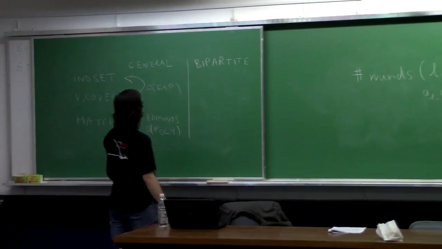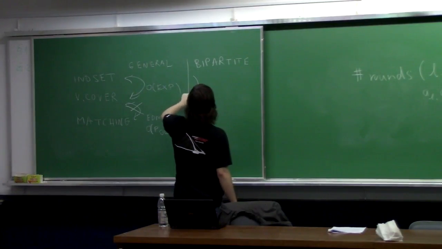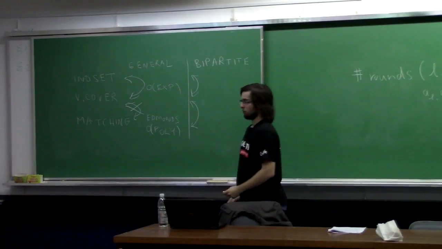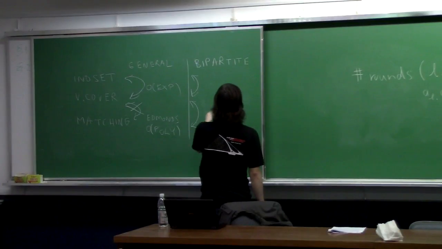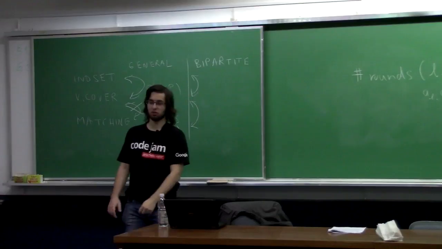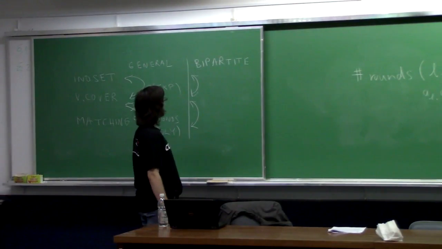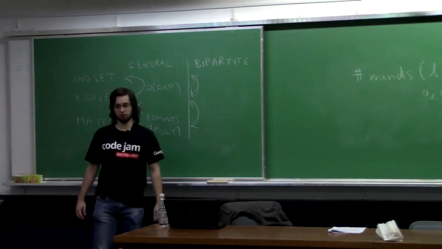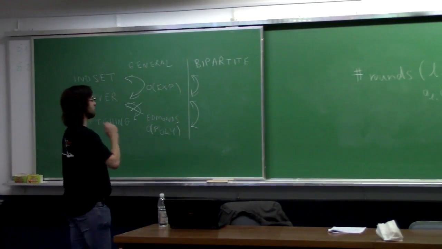And then we have bipartite graphs for which matching is the same as independent set and vertex cover, according to Koenig's theorem, I think. And it can all be found using various matching algorithms, flow algorithms, these things. In bipartite graphs it's easy to find matching using reductions to minimum cut, maximum flow.